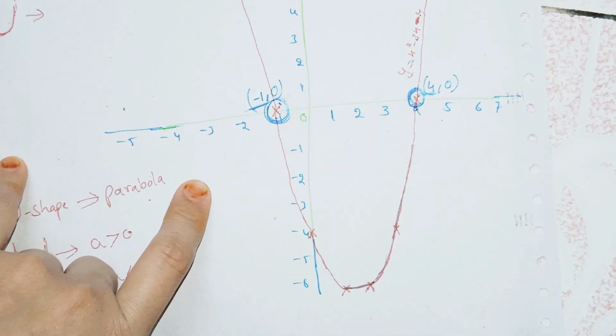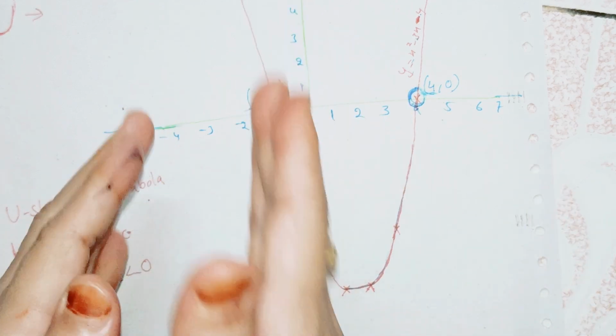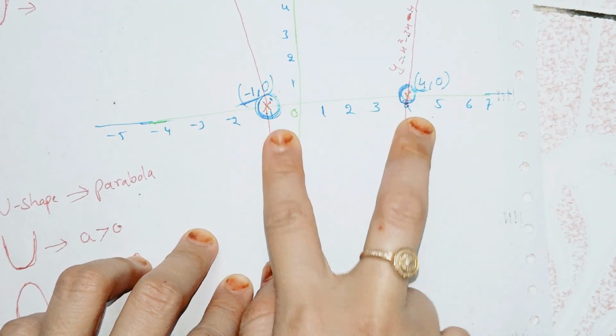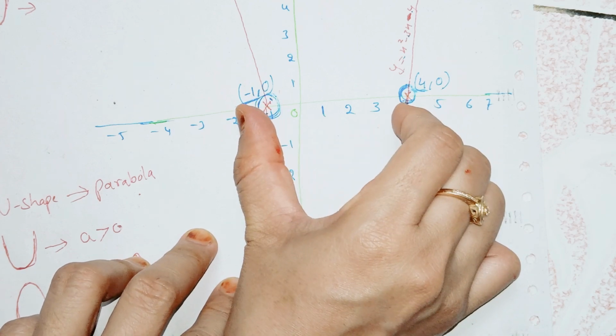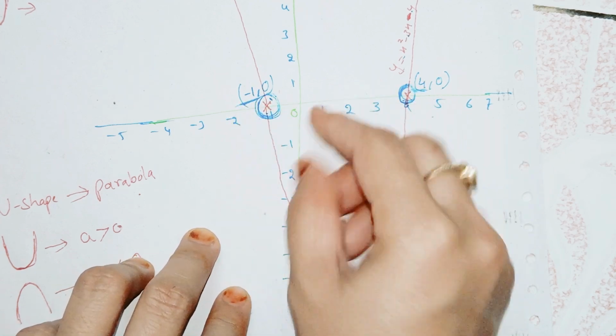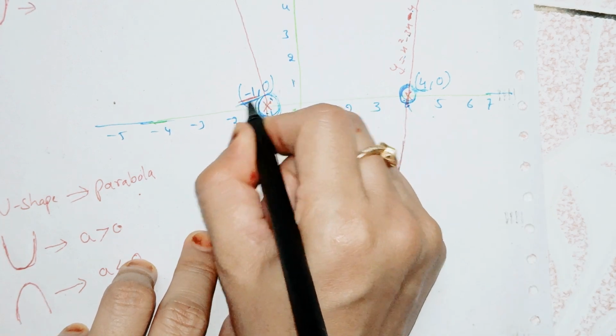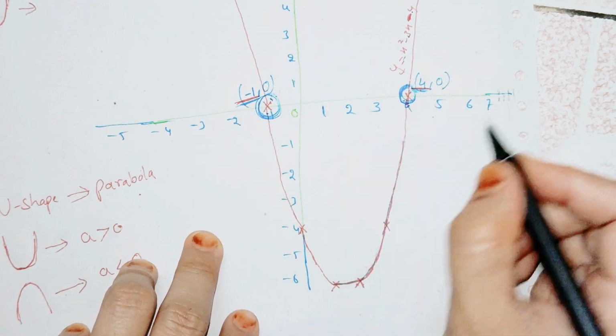Okay, what I told you, the graph that cuts the x-axis at any points on the x-axis, those x coordinates are the zeros of polynomial. Here the x coordinates are -1 and 4.